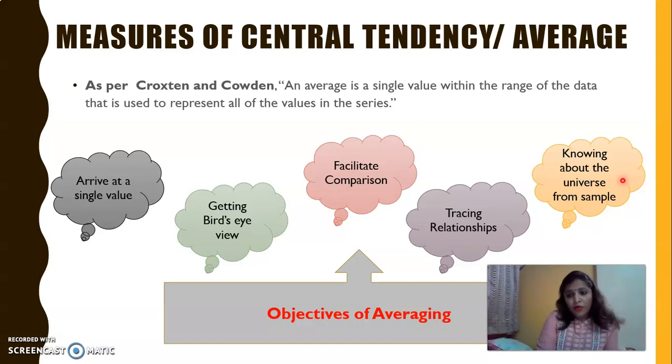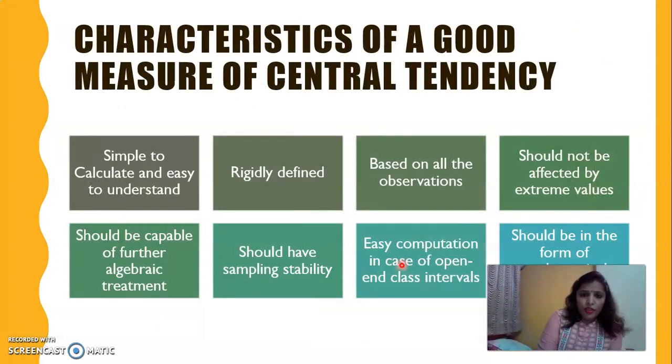So obviously he draws a sample from the universe, and from that sample, if the question is asked on a ratio scale, supposing the researcher asks the question age, so many respondents will give their answer to it. Now if the same type of research is done by another researcher and another sample is drawn, it should give the same results. So this you call that from that sample you are trying to conclude about the entire universe. So that is also one of the important objectives of averaging.